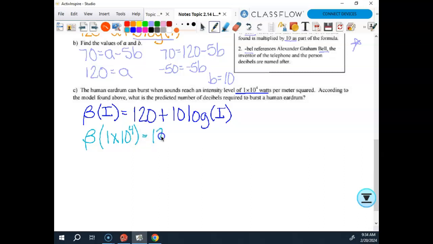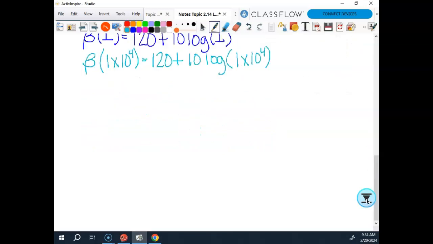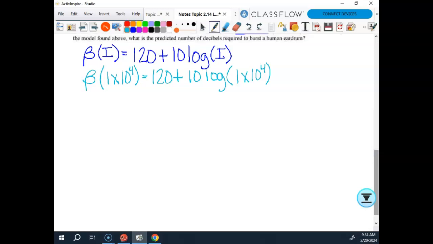This is asking us to find beta of 1 × 10⁴. That's equal to 120 plus 10 times the log of 1 × 10⁴. All right, so we'll rewrite 120. What is the log of 1 × 10⁴ power? 4.